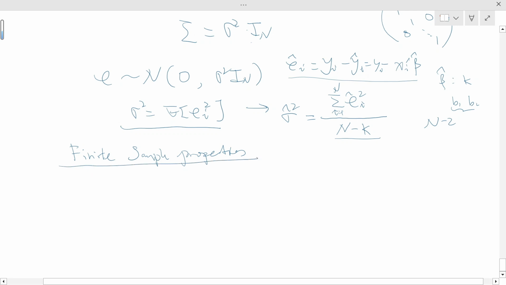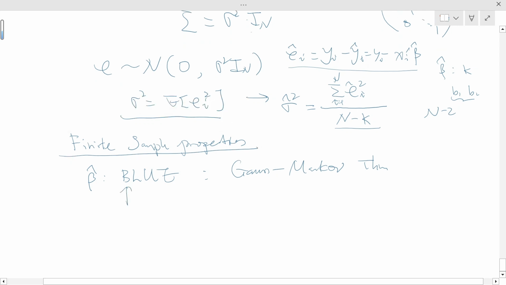Okay, we said that beta hat is BLUE. This is called the Gauss-Markov theorem. B means best.